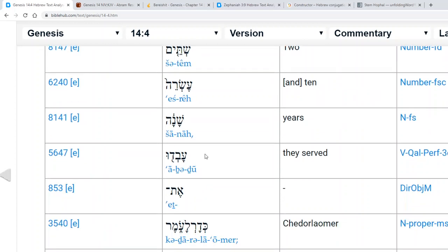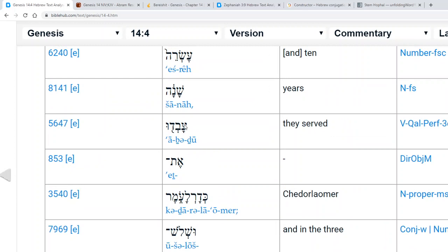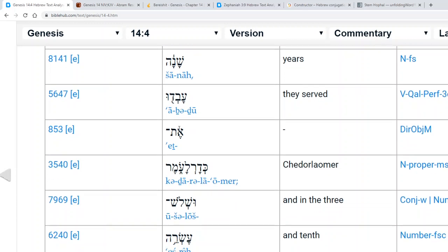Shana means years. Avdu, this is the root ayin bet daled, which means to work, to serve. Also, like we say, avodat habayit, right? The temple work. We also refer to prayer and sacrifices as avodah. Okay, like a prayer service, right?